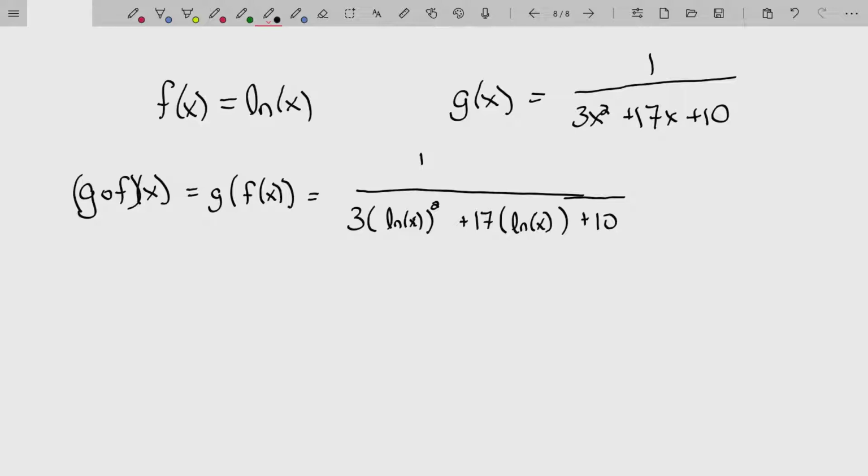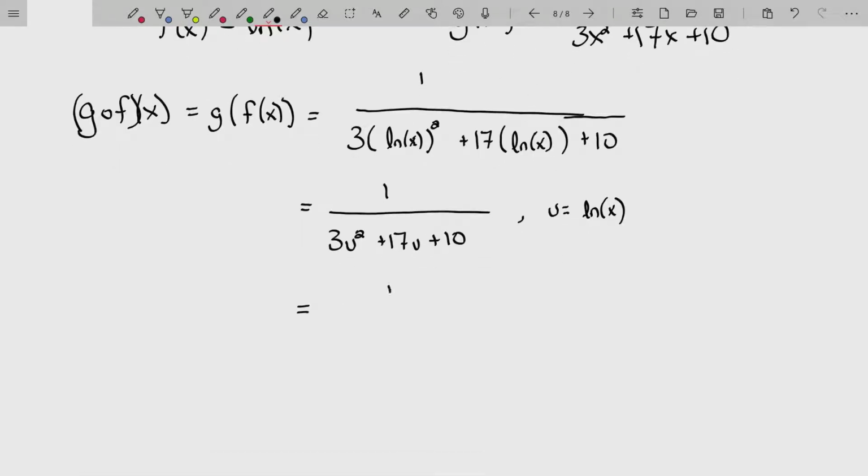Now this sort of can be simplified because if you think about it, this is still factorable. It is still like 1 over 3u squared plus 17u plus 10, where I performed the u substitution, u is equal to the natural log of x.